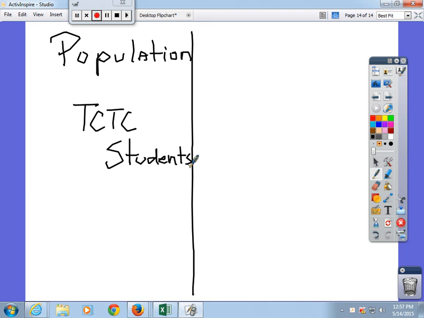So that means any formulas, any variables we're going to use, variables are what? Letters, right? Algebra, letters, A, B, C, D. Most of y'all deal with X in algebra. Well, with the population, we're not going to call them variables, we're going to call them parameters.